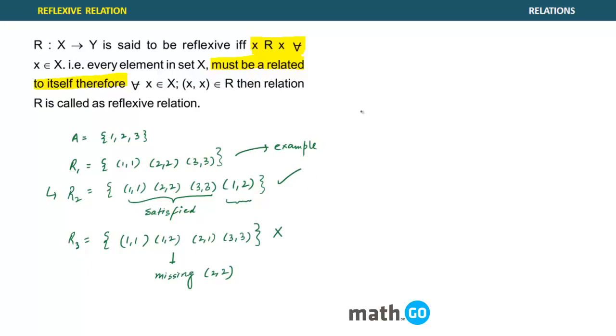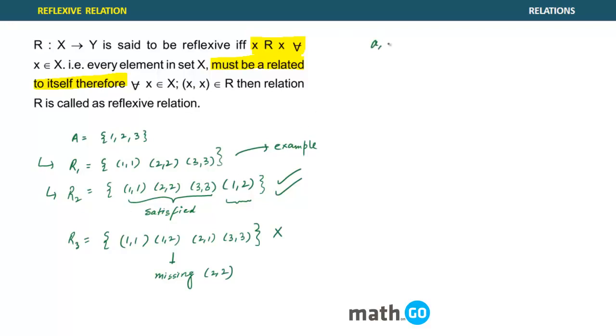People generally make the error that they understand reflexive only as this particular example. This is not the only example of a reflexive relation. This is also an example. So you could have more elements apart from A comma A, right?